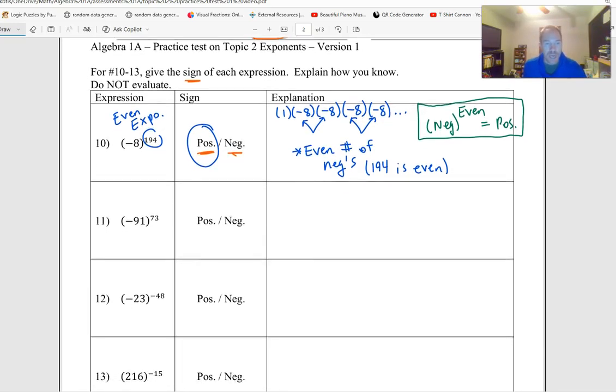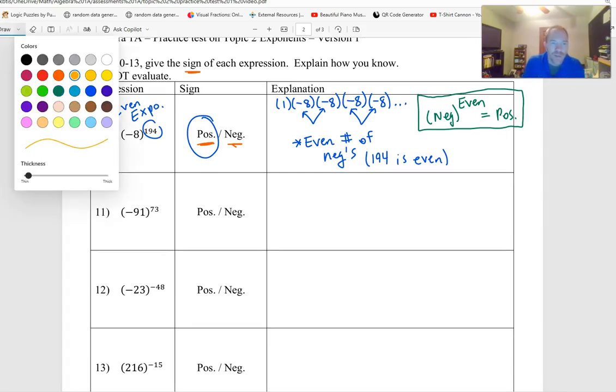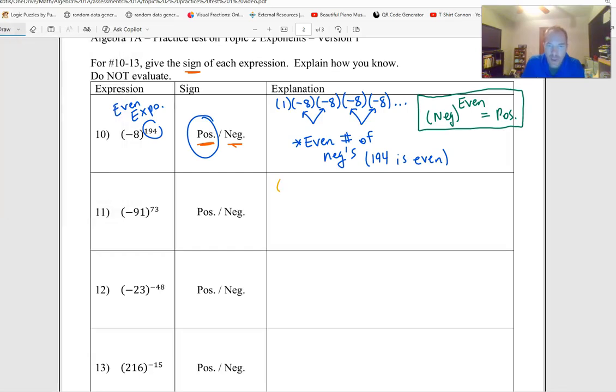Number 11 is similar here, negative 91 to the 73rd power. Again, I could, if I want to, try to start writing this out. 1 times the base of negative 91. It's a positive exponent, so it would be repeated multiplication. But I'd have to do this negative 91, 73 times. And again, I don't want to do that many times.